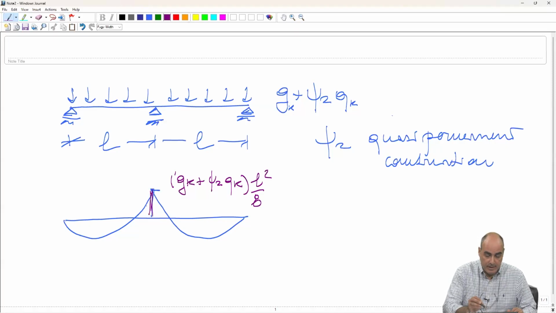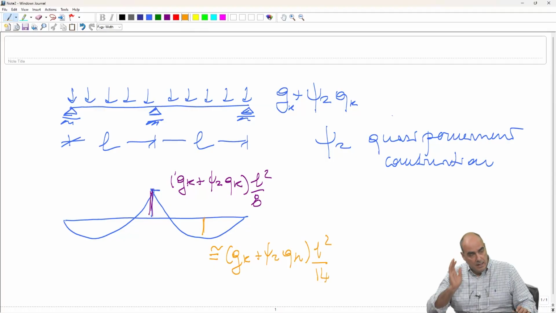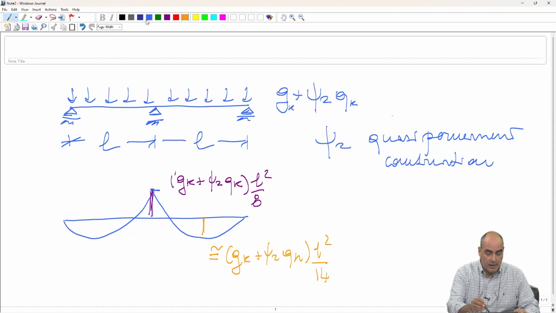This one here. And you have this one here, this is (gk plus psi2 qk) L square over 14, more or less, just a number. But this is just to signify that at this central support, we have a negative bending moment. So we will expect in our reinforcement layout to have some kind of reinforcement here at the bottom.